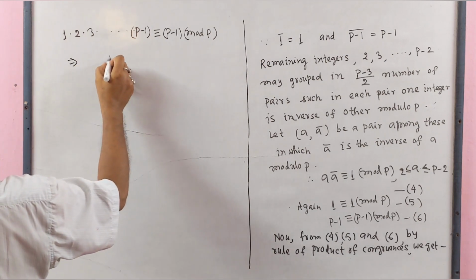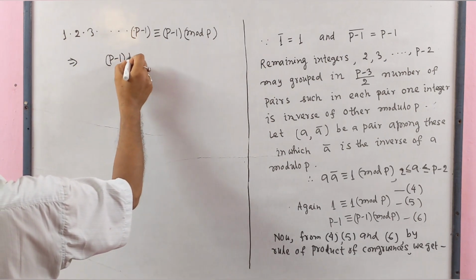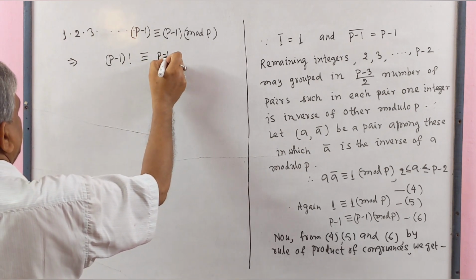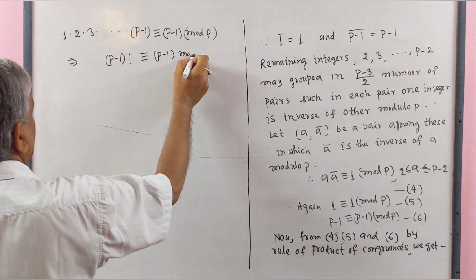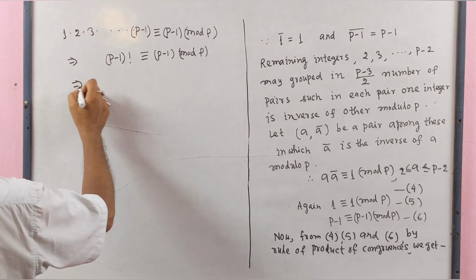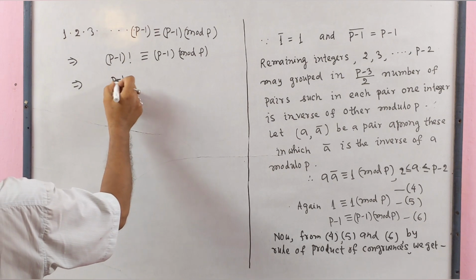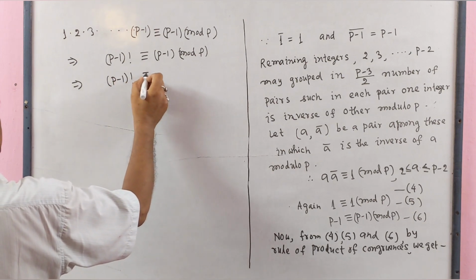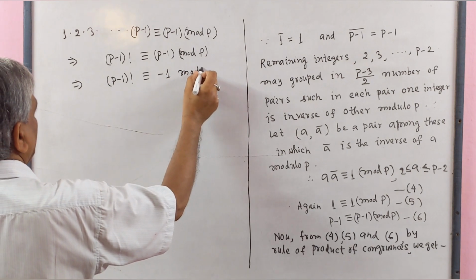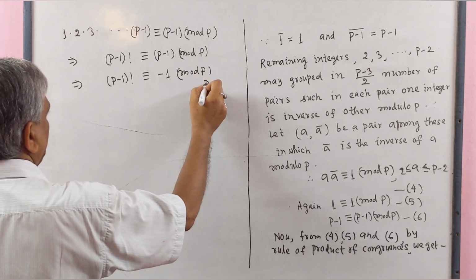Implies that factorial p minus 1 is congruent to p minus 1 modulo p. Implies that factorial p minus 1 is congruent to minus 1 modulo p. Proved.